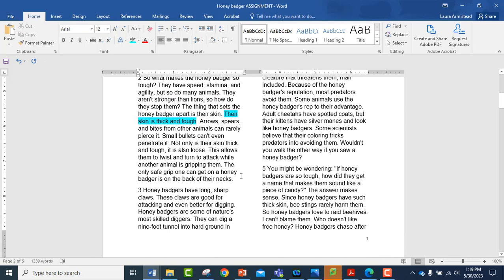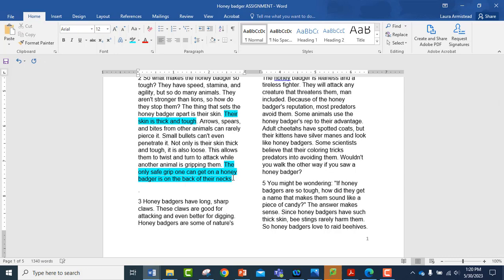This allows them to twist and turn to attack while another animal is gripping them. Oh, I think we need this one. The only safe grip one can get on a honey badger is on the back of their necks. So that one, it's all about tough skin. I think that's all that paragraph is about.